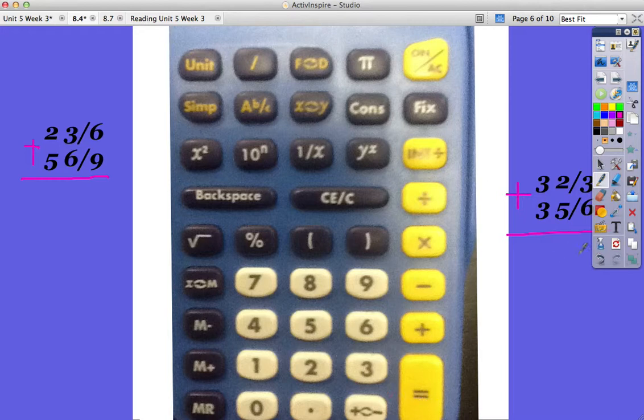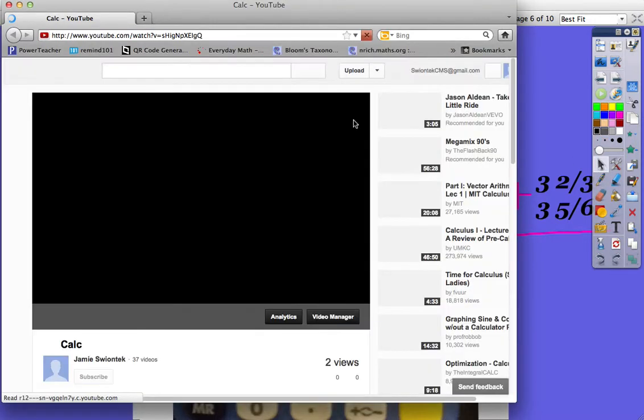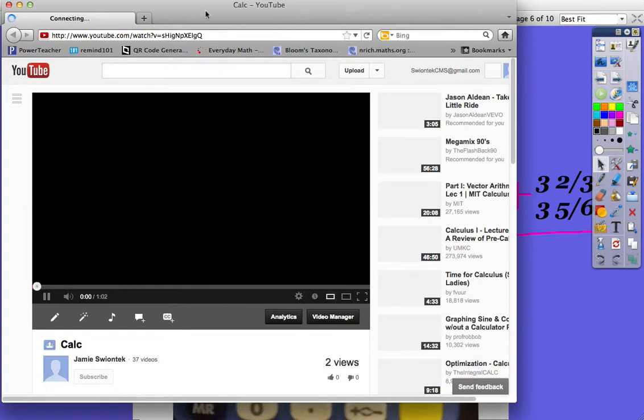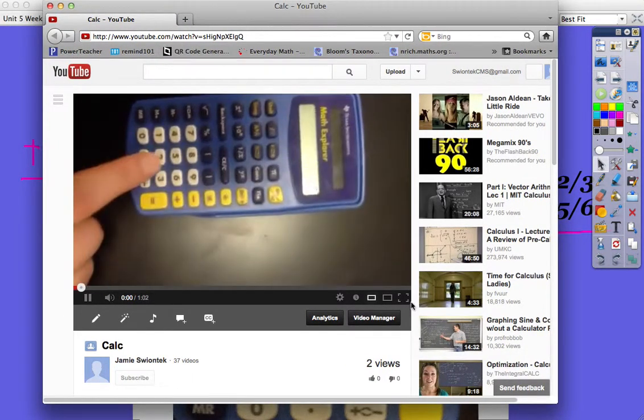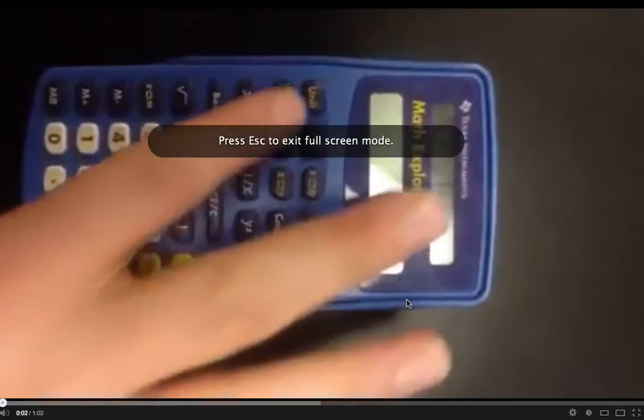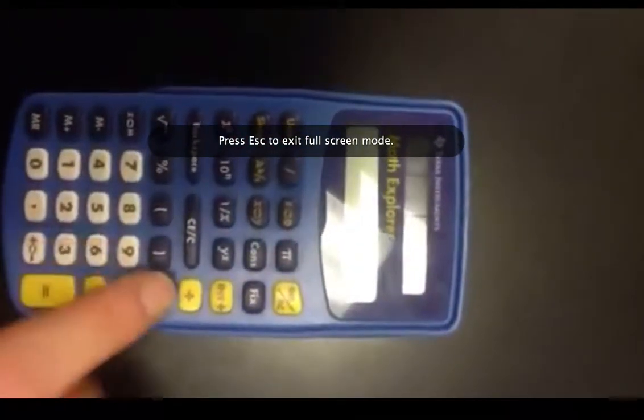The video as well is a little bit blurry. There's a glare that happens, but I do try to show you what the calculator looks like once I finish. Okay, you can see that I am going ahead and hitting 2, 3, 6.